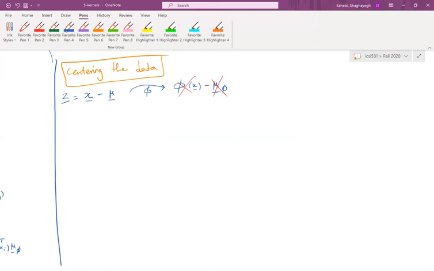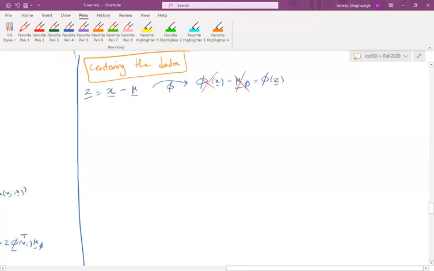But let's see if we can calculate the kernel matrix that is centered instead of calculating the phi of z. So that was phi of z, right? So let's see if I can calculate the centered kernel.